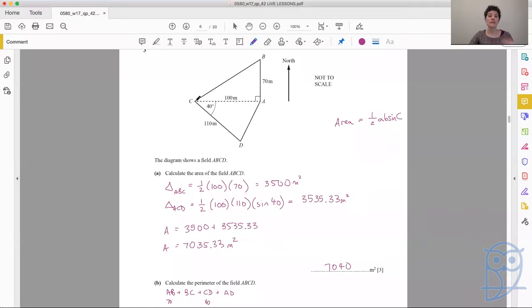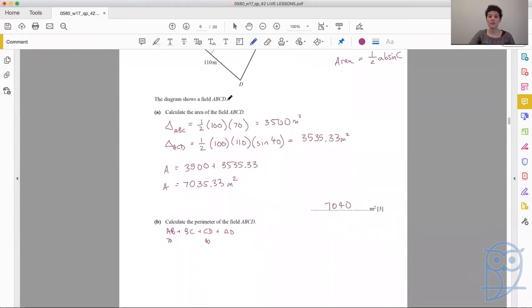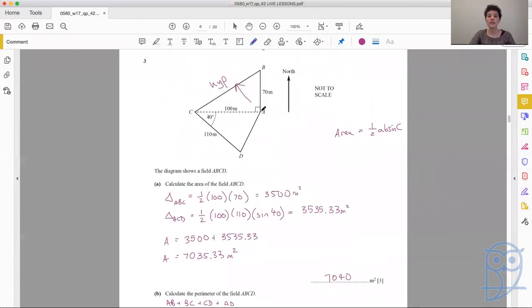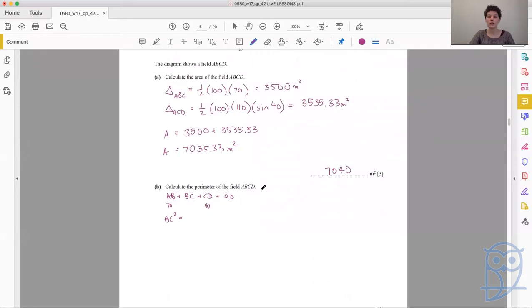Remember in ABC, we had that right angle triangle. BC sits opposite that right angle, which makes it the hypotenuse. So let's do BC first. We know that c squared equals a squared plus b squared. So the two sides on that triangle were 70 and 100.